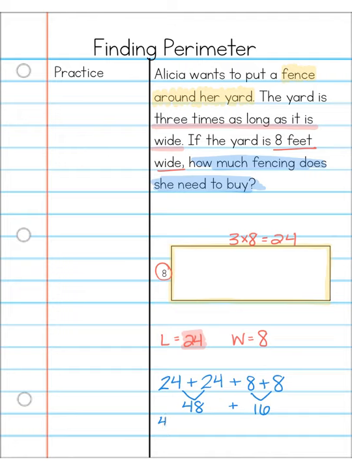And now I need to add 48 and 16. 8 plus 6 is 14, and I carry the 1. 1 plus 4 plus 1 is 6. So the perimeter is 64, so she needs to buy 64 feet of fencing. And I know that it's 64 feet because if I go back in my problem, the yard is measured in feet.